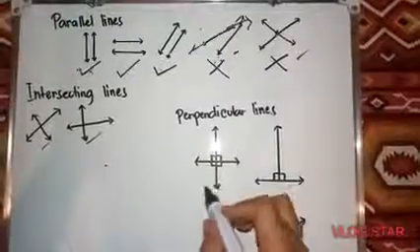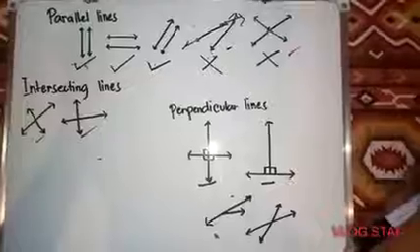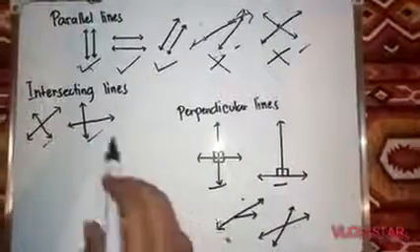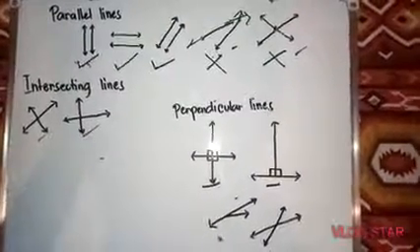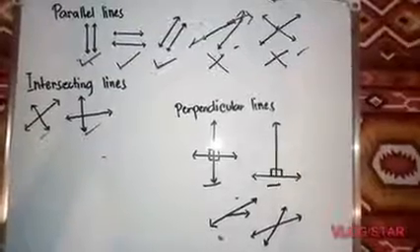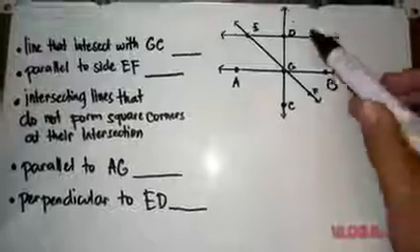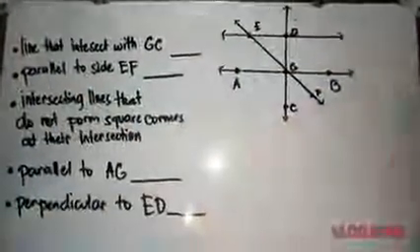But perpendicular lines can also be intersecting lines. Perpendicular lines can be intersecting lines, but not all intersecting lines are perpendicular lines.